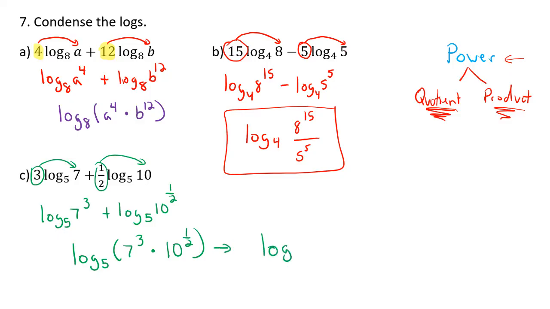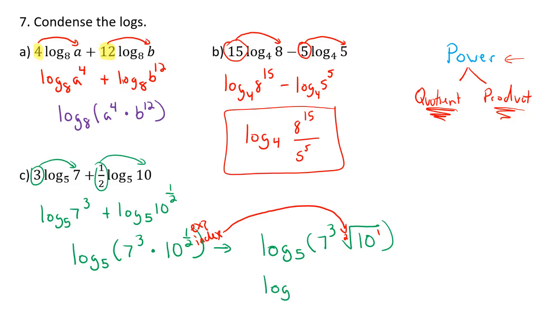So we're going to go to log base 5, 7 to the 3, and then the square root of 10. And it's the square root of 10. As a reminder, the top number is your exponent. The bottom number is your index. The index is this little guy right here, and the exponent is a 1, but we don't really need to write that because we can put invisible 1s for exponents. So your answer should look like this.